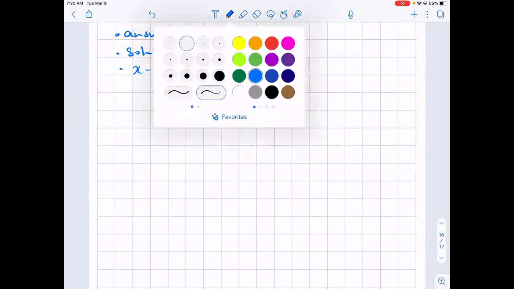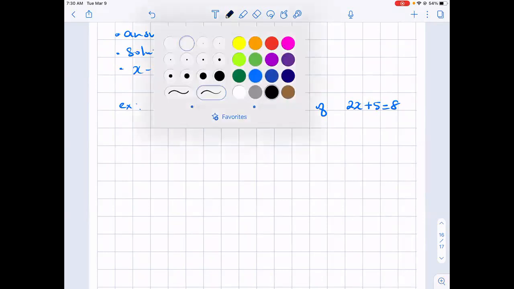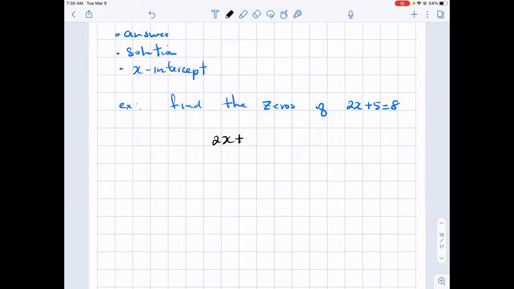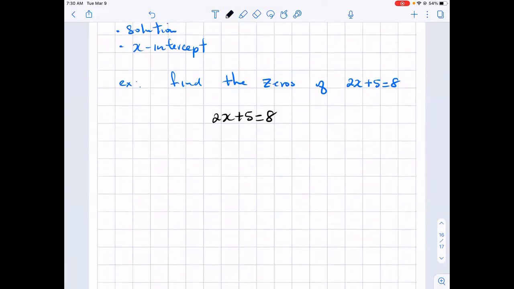So for example, if I say find the zeros of 2x plus 5 equals 8. Okay. To do this, we'll take 2x plus 5 equals 8 and solve for x. So we'll subtract 5 on both sides.